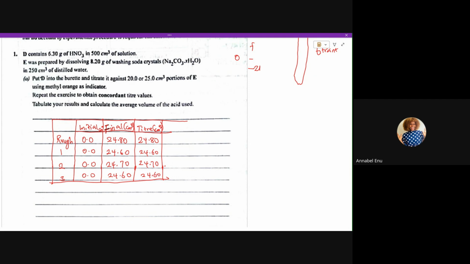Okay, it's when maybe your initial reading, you did not fill back your burettes. Maybe for our first titer, our initial reading we continue from 24.80. Then our final reading will now be maybe 48 point something. You will now find the difference between them to get the titer reading.